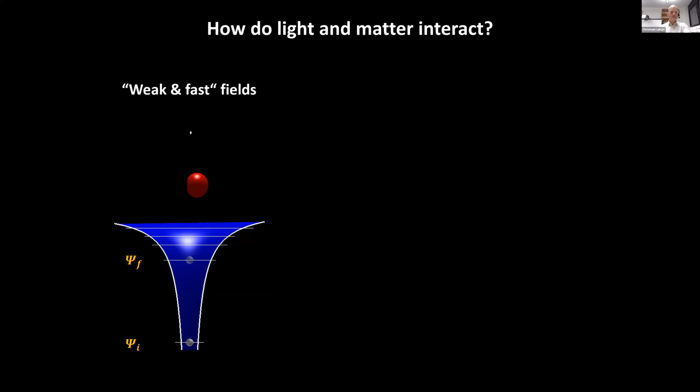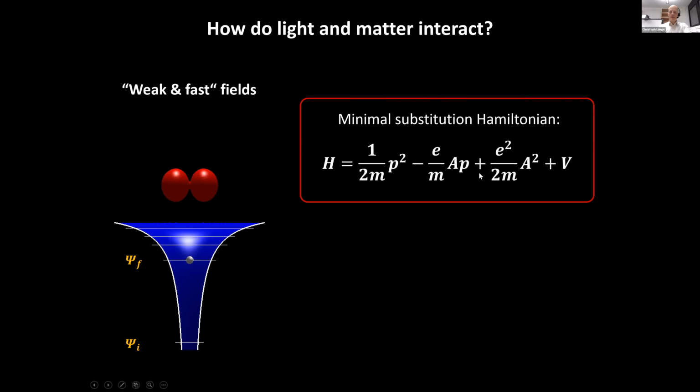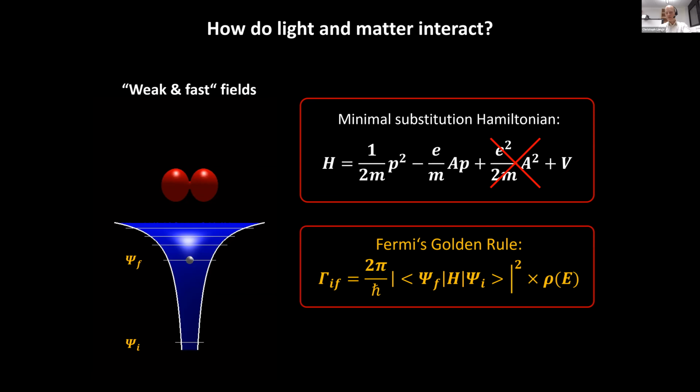Often we learn textbook style that we have weak and rapidly oscillating fields which create a superposition between some initial and some final state, and this kind of light matter interaction occurring over many, many cycles of the optical field is described by the minimal substitution Hamiltonian, where we plug in the electric field of the incident wave by its vector potential, and then we expand this, we drop A square terms which lead to higher order terms in the electric field of light matter interaction, and then we can derive Fermi's golden rule, which tells us something about the transition rates between the initial and final state.